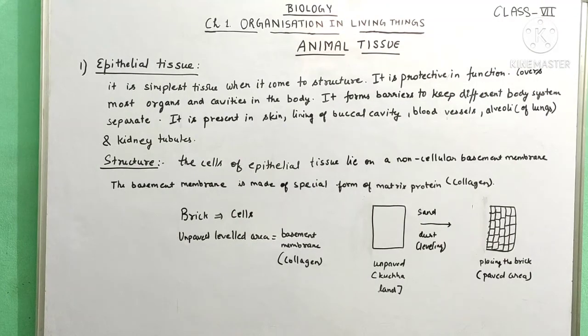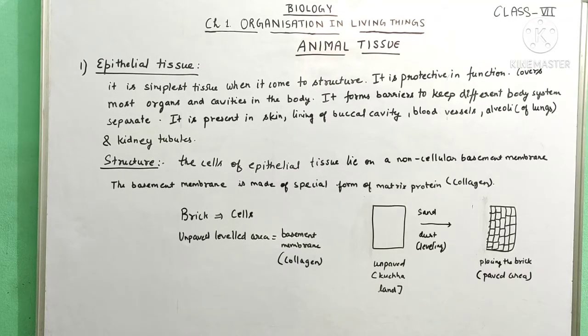To understand the structure of epithelial tissue, let's draw an analogy. Suppose you have kacha land, that is unpaved land, which does not have any bricks spread upon it, and you want to make it paved, that is pakka land. First of all, what you will do, you will try to level the land with sand and dust, and after that you will spread the bricks over it.